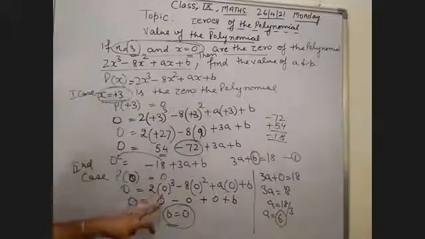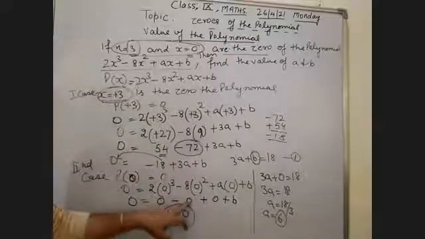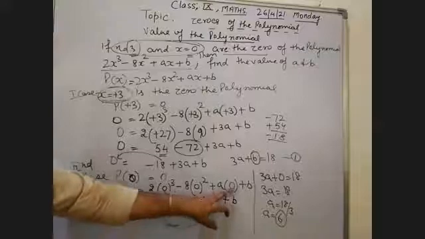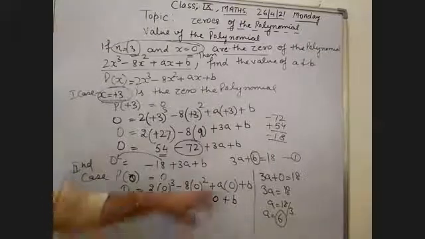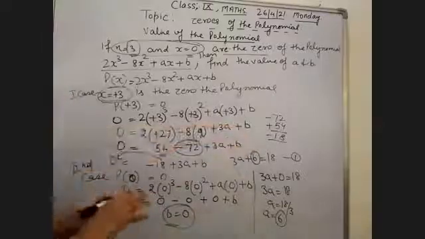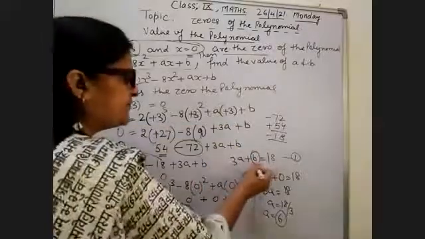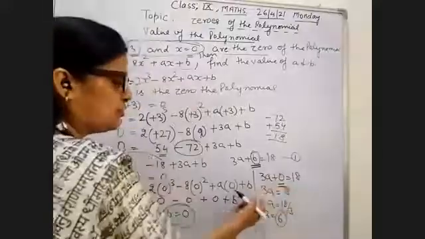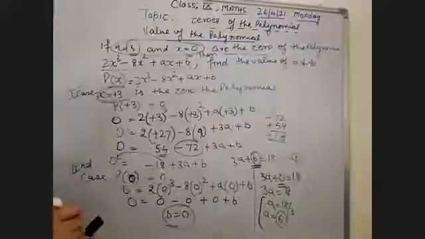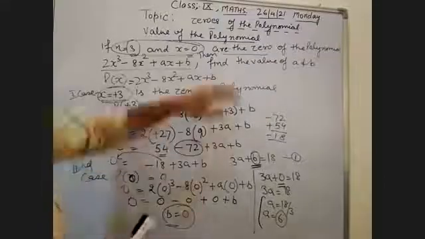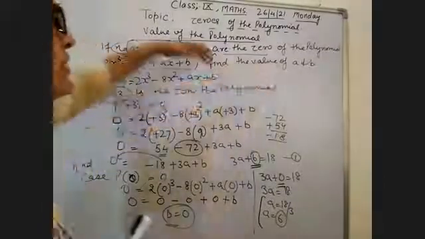So 2 multiplied by 0 is also equal to 0. 8 multiplied by 0, a multiplied by 0. So the value of b is 0. So we put here the value of b. The value of b is 0. So by putting the value of b, we find the value of a in this question. We have to find the value of a and b.